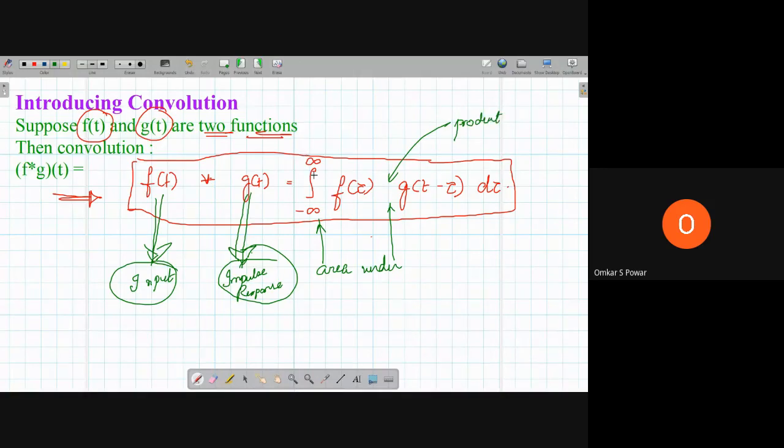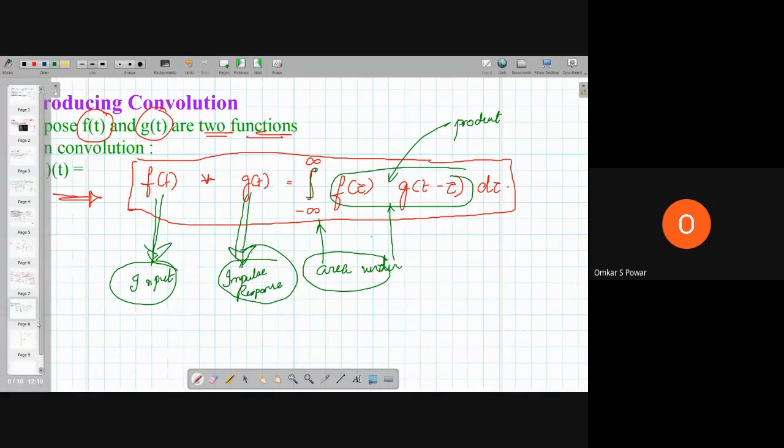So you are finding the area under the product of f of tau and g of t minus tau. This is a separate process. No need to panic about this one. Let us understand this in terms of signals so that your fear will go off.